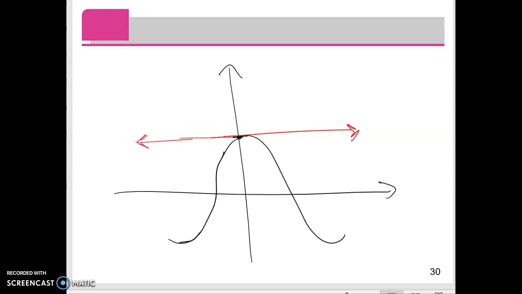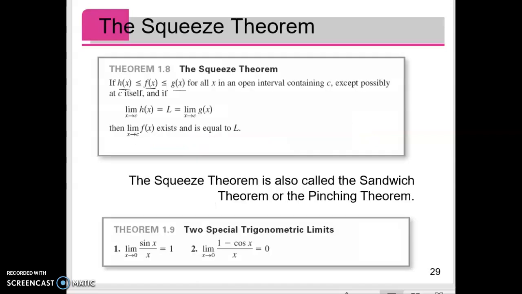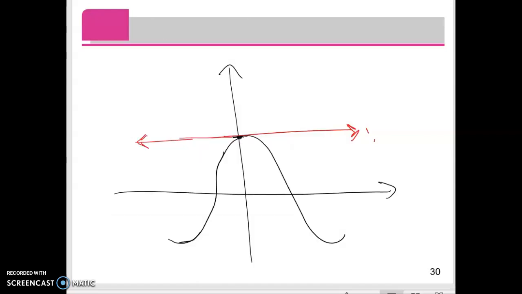You should all know what function this is. Let's use the notation from the slide before. The bigger function is g, the little function's h. So this would be g, that's the constant function 1. This would be h, my cosine function.